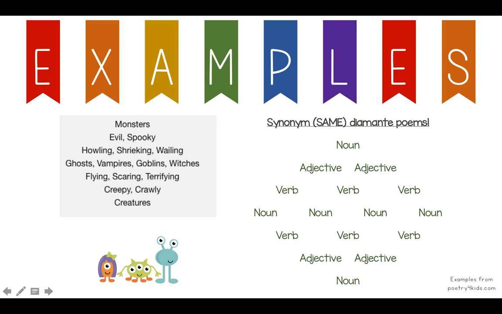So in a synonym Diamante poem, the first noun and the last noun are words that mean the same thing. So if I was writing a poem about a building, and my first word was building, my last word might be something like tower or complex, something like that.